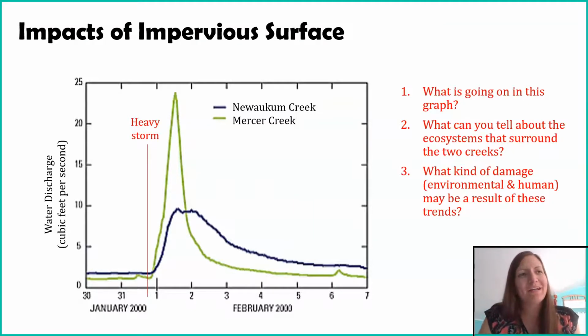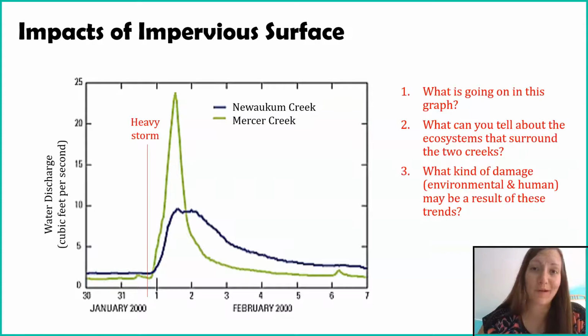Whereas Mercer Creek, it's a lot more suburban. It's a lot more urbanized. There's a lot more impervious surface. That water is hitting concrete. It's hitting asphalt. It's going into a stormwater drain and going directly into the environment with no opportunity to get absorbed at all. So we see much, much, much higher discharges.